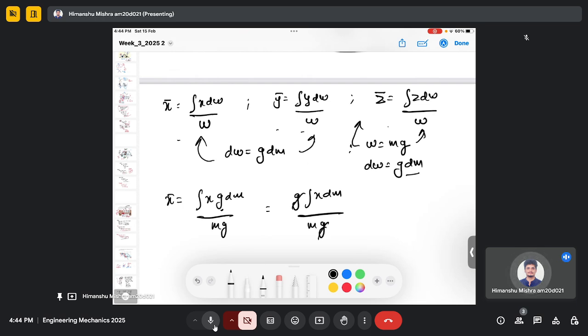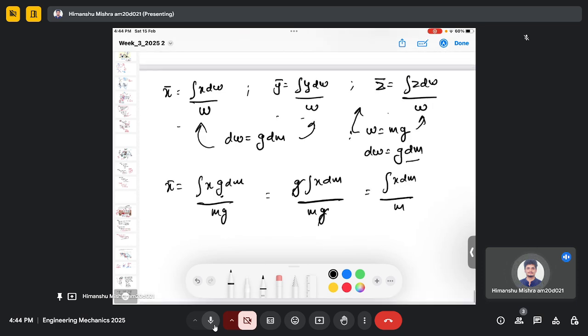So this g and g will cancel out, and it will become the integral of x dm divided by m. Similar operations can be performed with the y expression. So y bar will be the integral of y dm divided by m, and z bar equals the integral of z dm divided by m. And these are the location of center of mass.